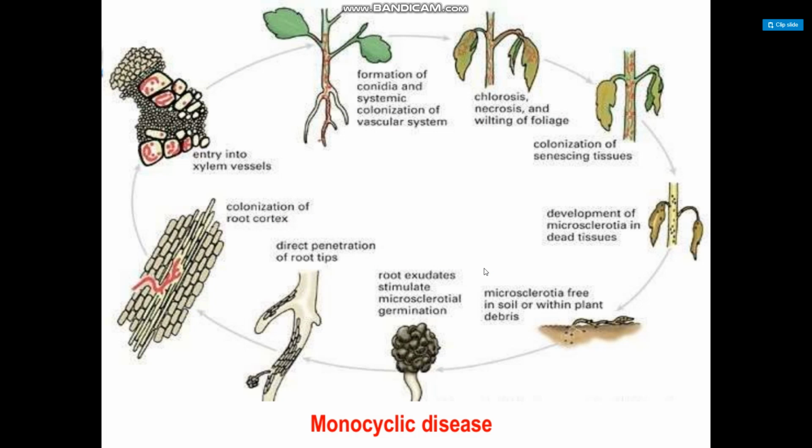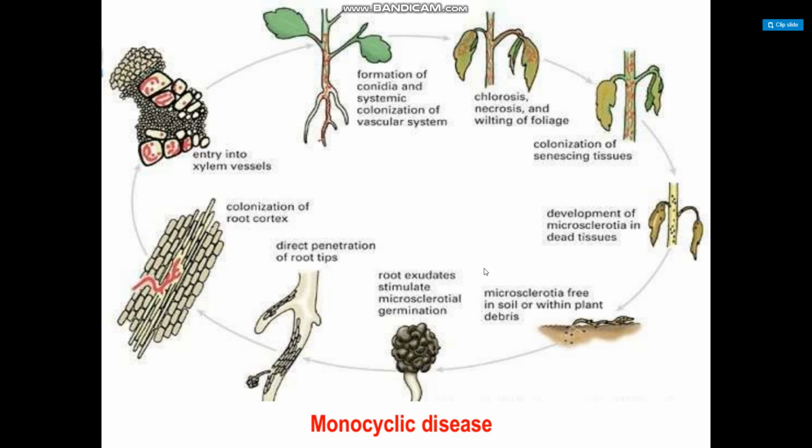First, microsclerotia are free in soil or within plant debris, and root exudates stimulate microsclerotia germination, then direct penetration of root tips, colonization of root cortex, entry into xylem vessels, formation of conidia and systemic colonization of the vascular system.